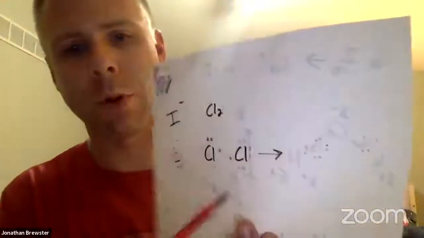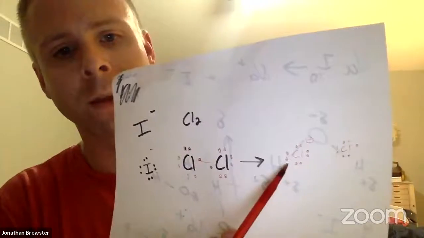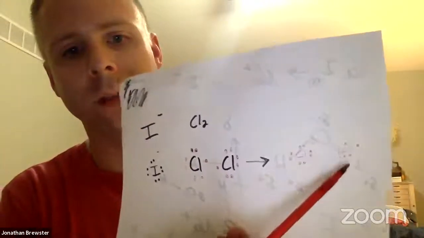Cl, 1, 2, 3, 4, 5, 6, 7, 8. Now he has a minus charge. 1, 2, 3, 4, 5, 6, 7. So this isn't a very perfect reaction because I'm leaving off the iodine for a moment. But what you can see here is this guy has an extra electron, and now he's sort of off by himself. Well, what happened to iodine? Taken away.